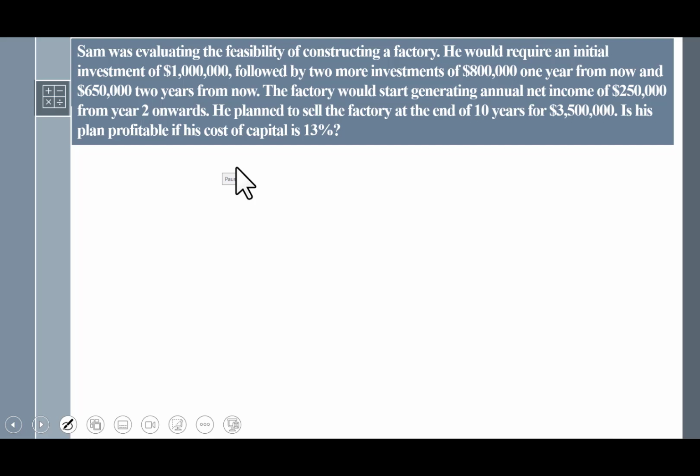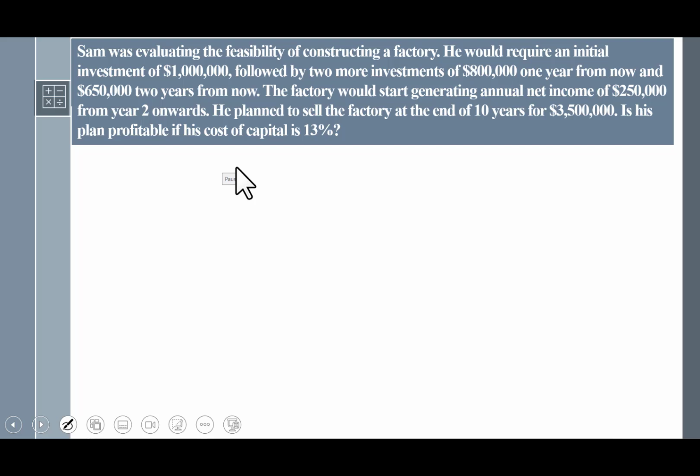So this is also outflow: 800,000 1 year from now and 650,000 2 years from now. The factory would start generating annual net income of 250,000 from year 2 onward. From the second year, they'll be generating 250,000 every year. He planned to sell the factory at the end of 10 years for 3.5 million. Is this plan preferable if his cost of capital is 13%?